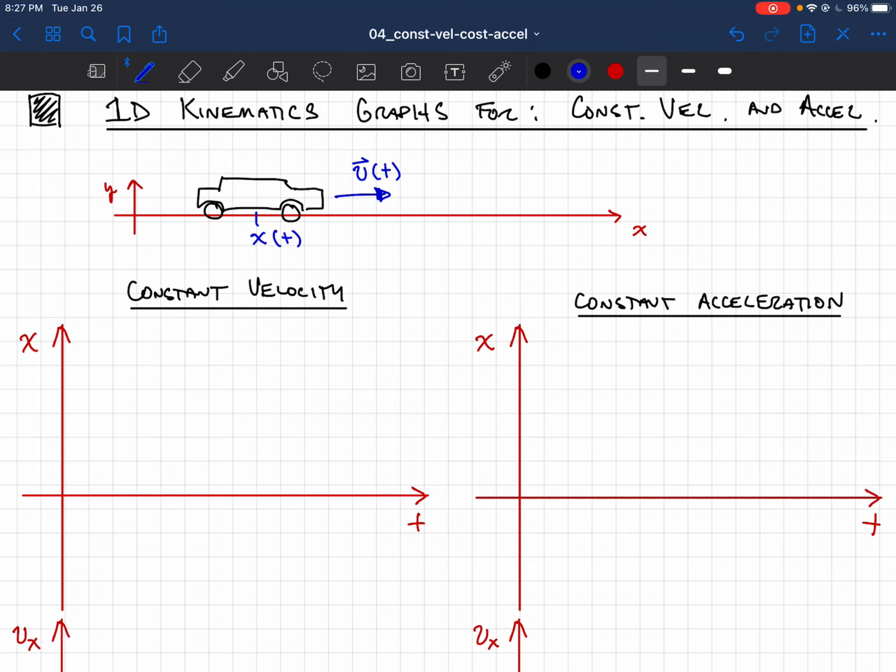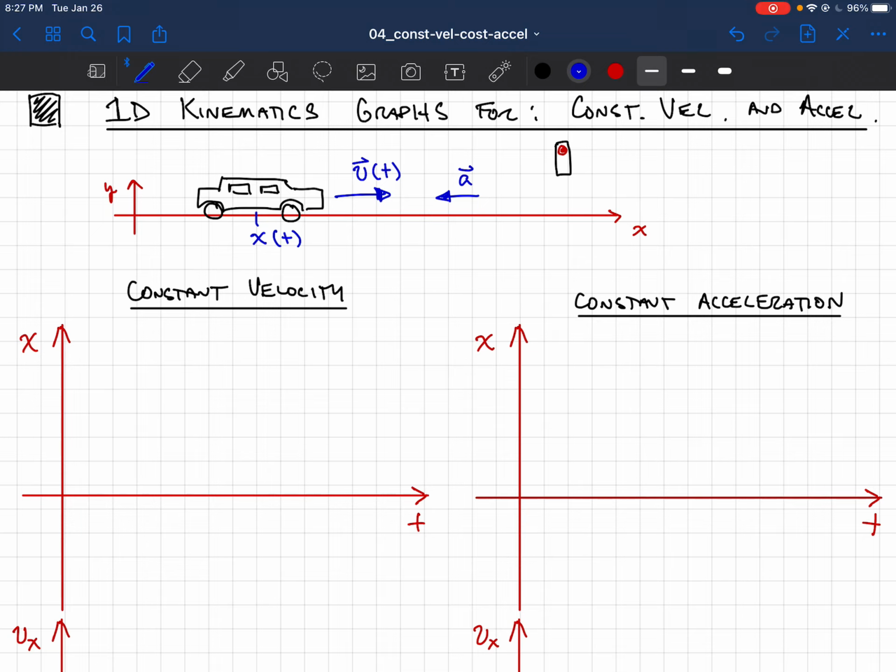And perhaps it's changing its velocity. So perhaps at this particular moment in time, it's about to encounter a red light, and therefore it needs to stop, and so it's going to have an acceleration that points in the opposite direction.